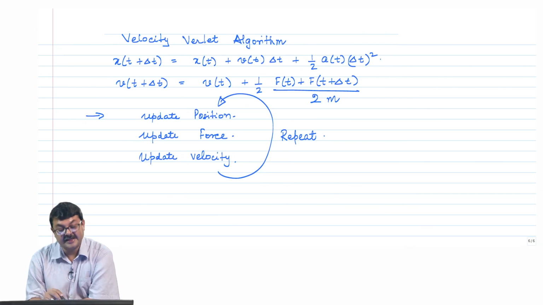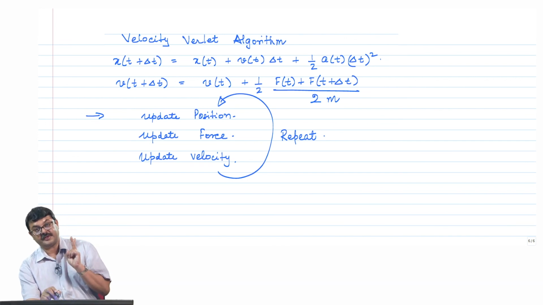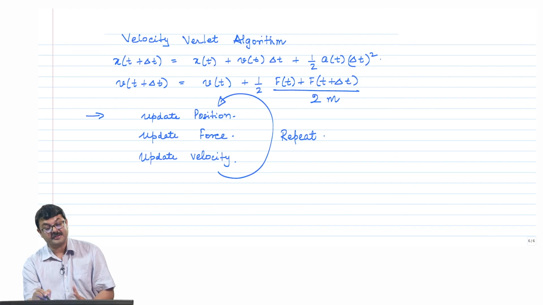So, the acceleration at time t and the acceleration at time t+Δt. So, you see here again, to calculate the velocity at time t+Δt, you need the force at two different times, including the force at time t+Δt, right.